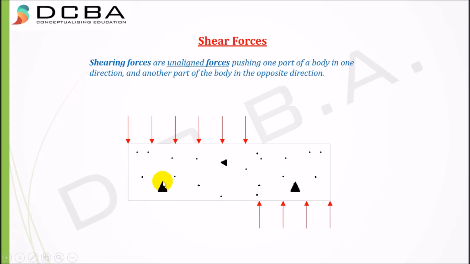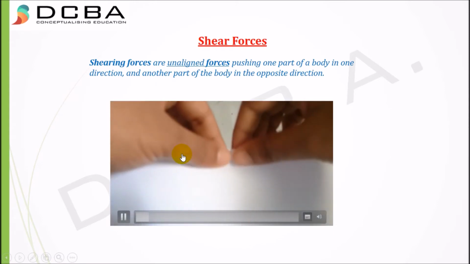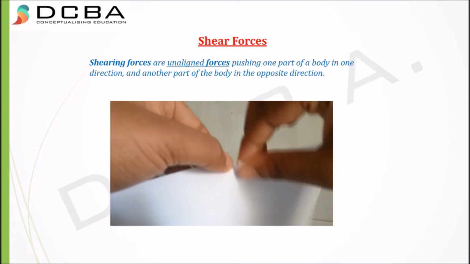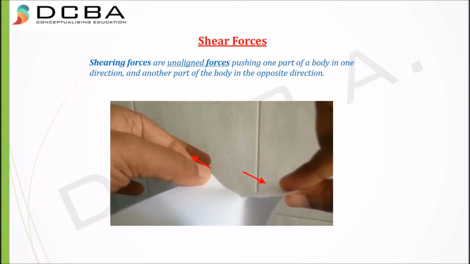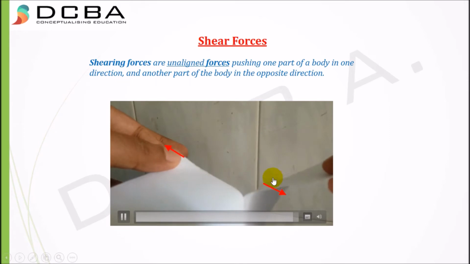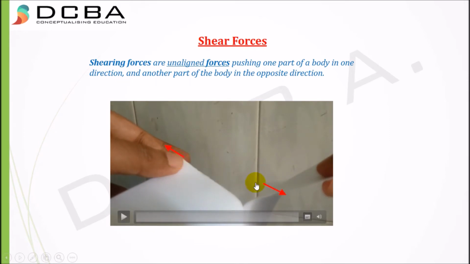Okay, so you can watch the shearing action here. It's just simple tearing of a page, but you can see the unaligned forces being generated, and because of that the tearing action of the normal paper takes place. So this is basically what shear force does to your beam also. I hope this concept is very much clear.